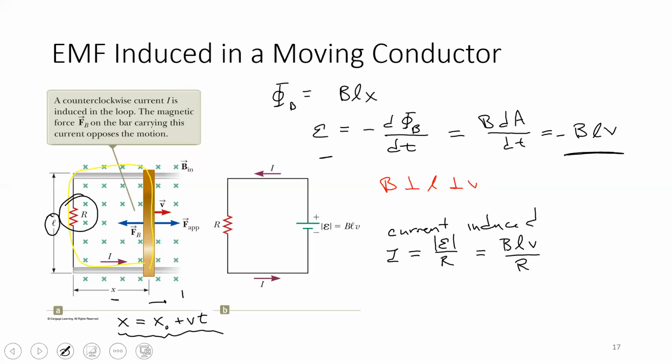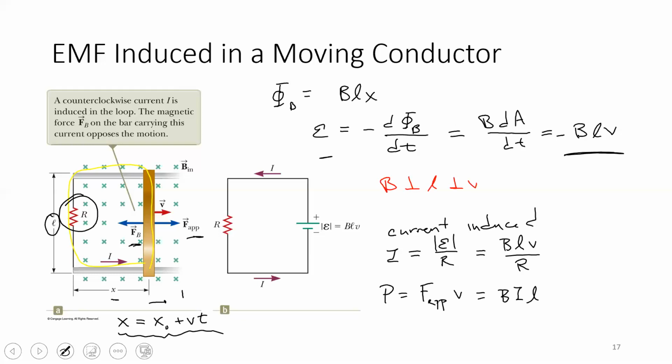All right, so what about power? So our power, we could think of as our force applied over that constant velocity, or you could just use I squared R again. You could use all those equations. So the force applied is going to have to resist, right? For a constant velocity, it's going to have to be equal and opposite to this magnetic force.